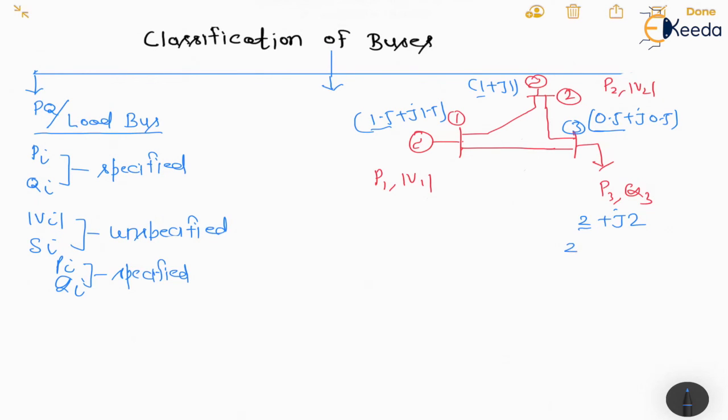But when we are changing our load, it means 2.5 plus j into 2.5. Then if this demand has been changed, we are talking first about the active power, then we will talk about the reactive power. So first, our demand has been increased to 2.5.